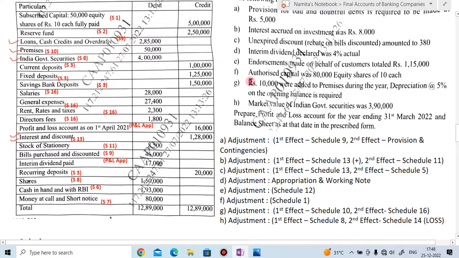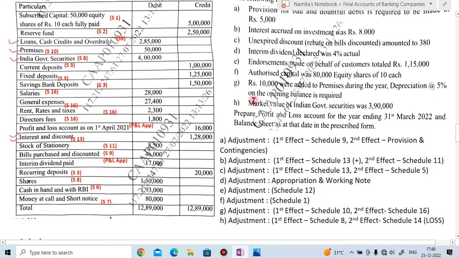Then F adjustment is what? Authorized capital was 80,000 equity shares of 10 each. Now authorized capital, anything related to the capital will go in schedule number 1. Okay, that is capital. Next adjustment is rupees 10,000 were added to premises during the year.